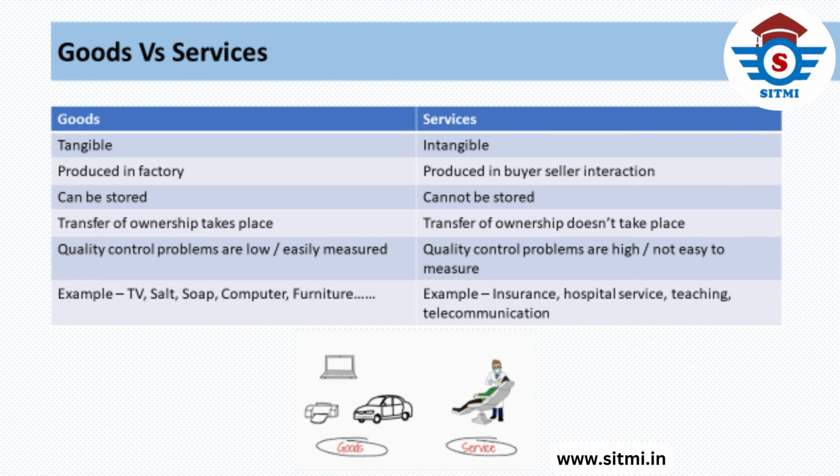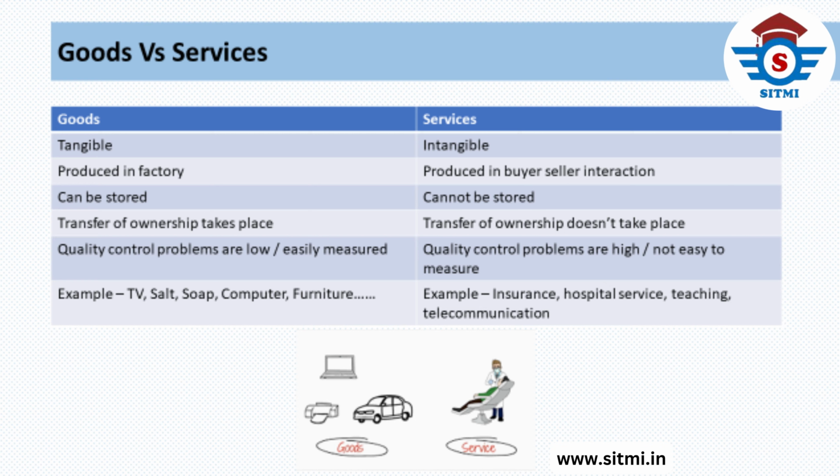Another very important difference is that quality control problems in the scenario of goods are less and can be easily measured, and the quality control problems in case of services are high and cannot be easily measured, because whatever treatment you take from a doctor, you don't exactly know whether this was really a quality treatment, or whatever servicing is done to your car, you don't know exactly how qualitatively or how perfectly this is done. So quality control problems remain high in the service industry, and these cannot be easily measured.